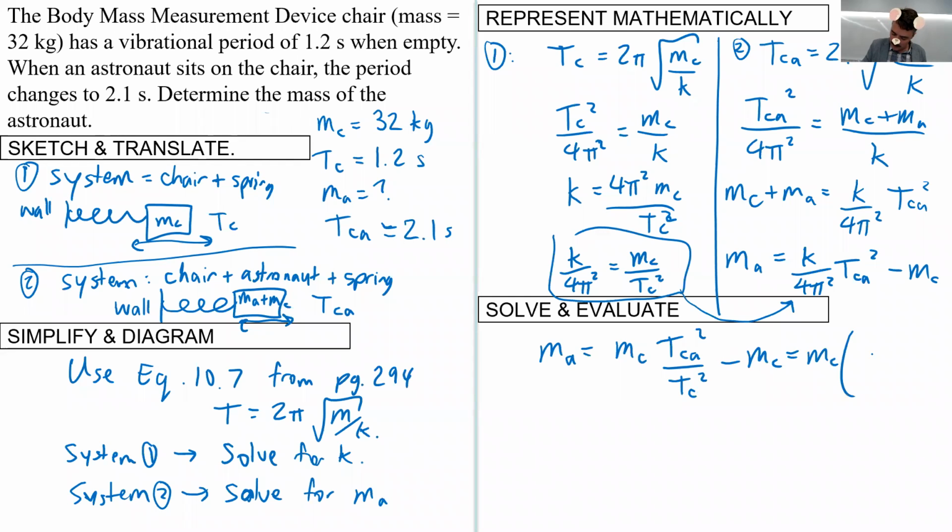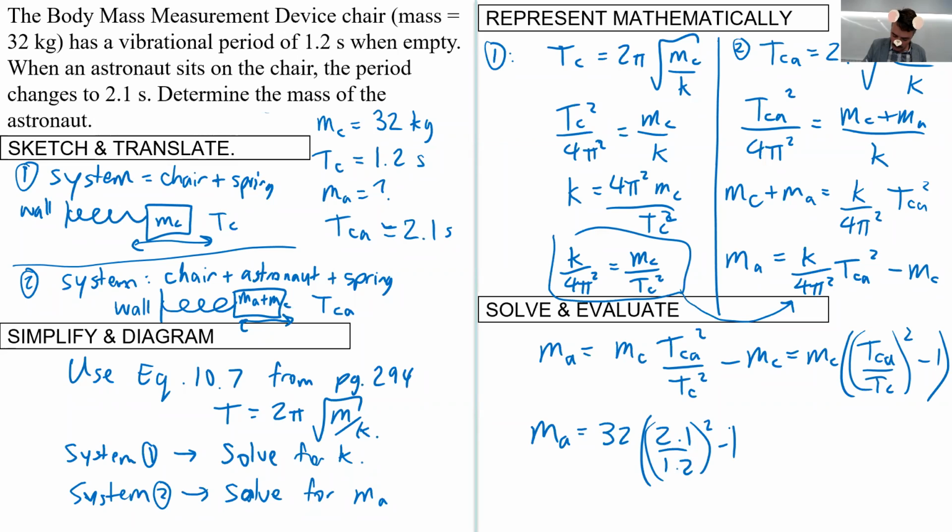So there's an MC, and then you times it by TCA over TC all squared minus 1. So the mass of the astronaut is equal to 32 kilograms times 2.1 over 1.2 squared minus 1, and I got 66 kilograms. And this turns out to be about 145 pounds, reasonable for an astronaut.